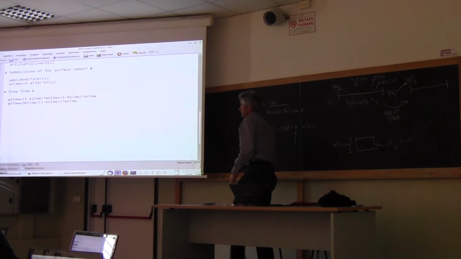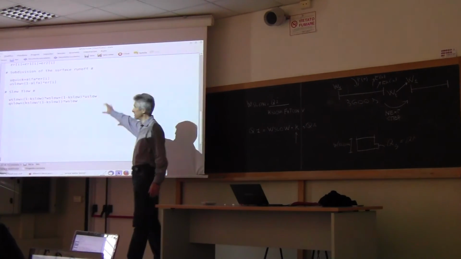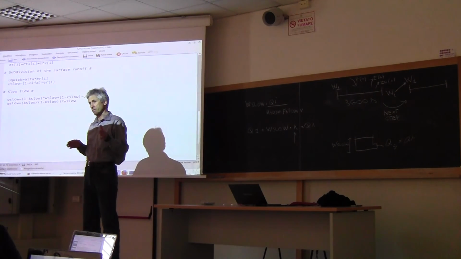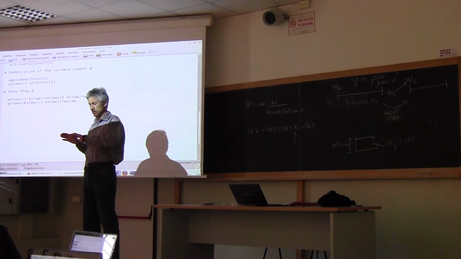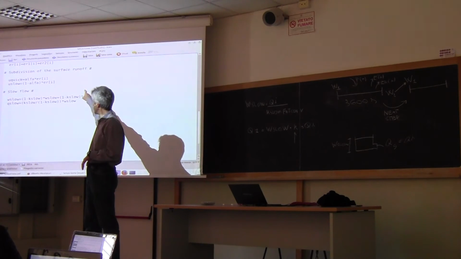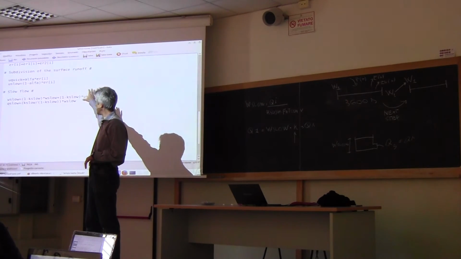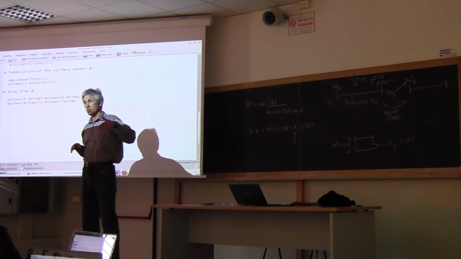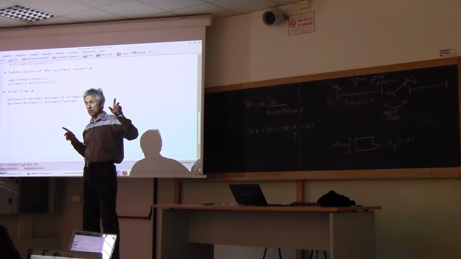My last instruction was the computation of the sum of ER1 plus ER2. And now I need to subdivide this contribution into quick and slow contribution through alpha.